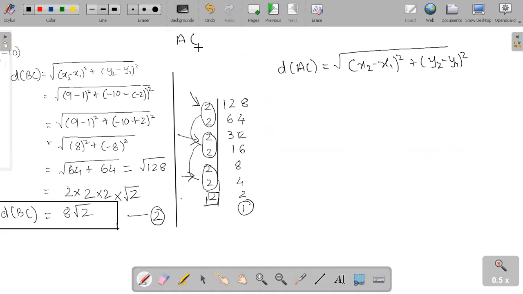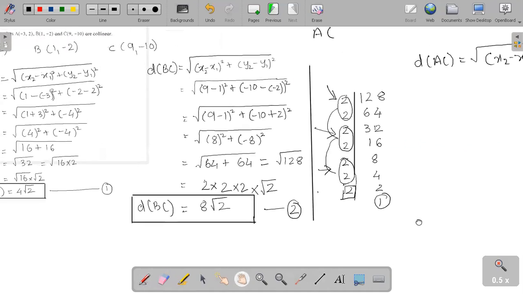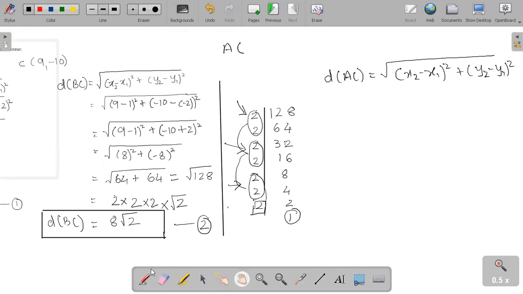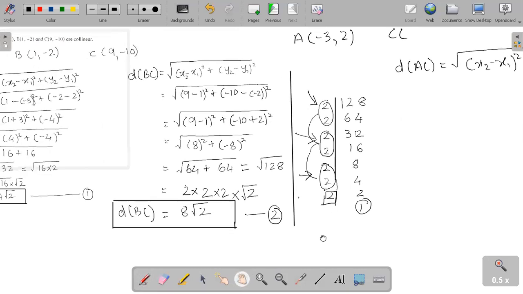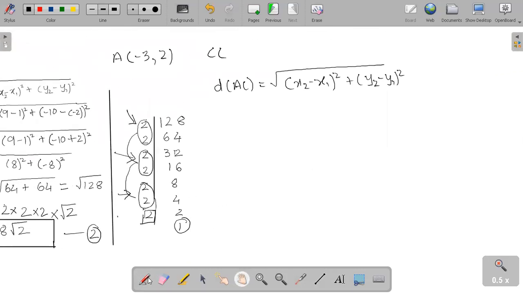So A has coordinates minus 3, 2. C had coordinates 9, minus 10. So this becomes X1, Y1. This becomes X2, Y2.